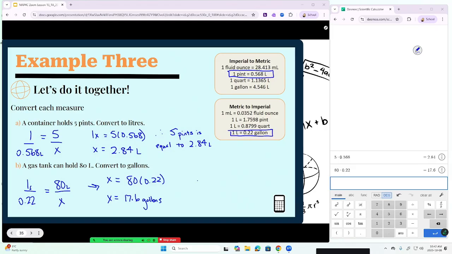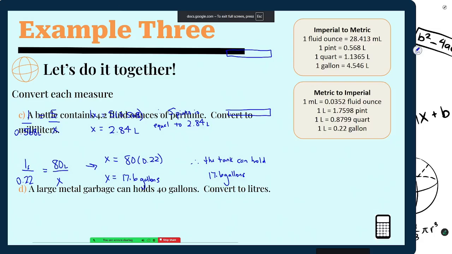And do your therefore statement. Therefore, the tank can hold 17.6 gallons. When it's between the different measurement systems, you have to set up your ratios.